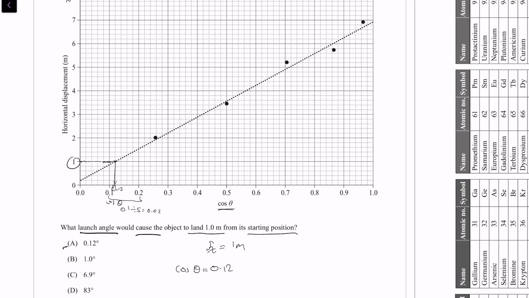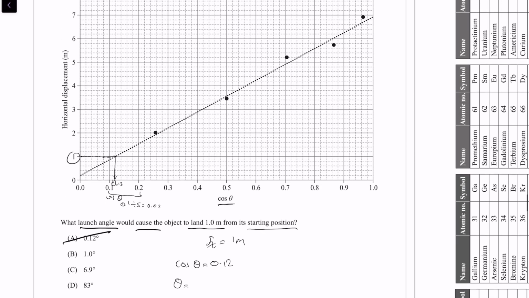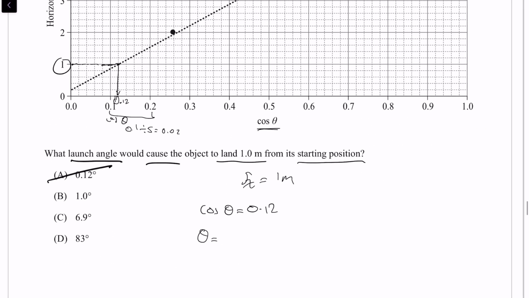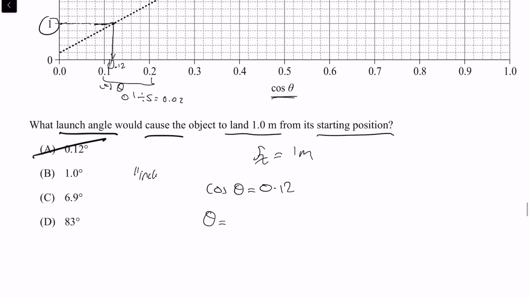But it's asking about the launch angle, so this is a trap answer. It's not A. And I'm sure there's going to be a degrees and radians trap here as well, but I'm not going to show it; you can do it yourself and see if there's a trap answer here. I'm pretty sure there is. You can also see that it's not really like an inclined plane per se.